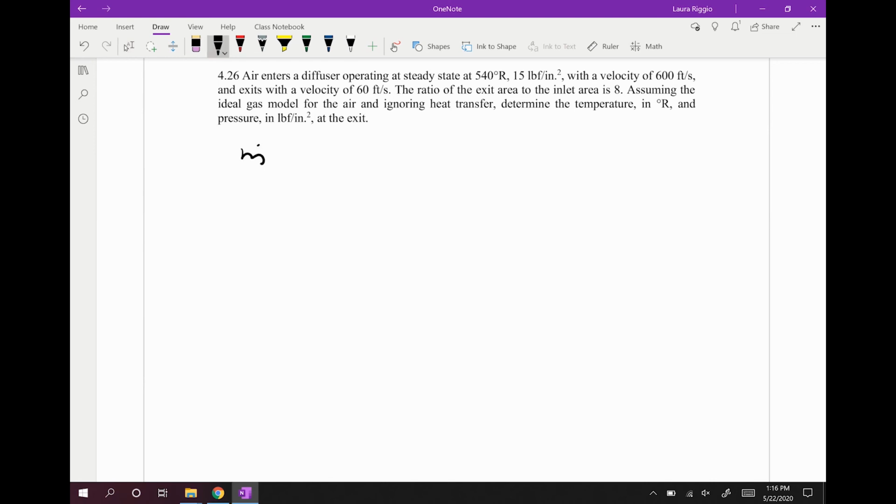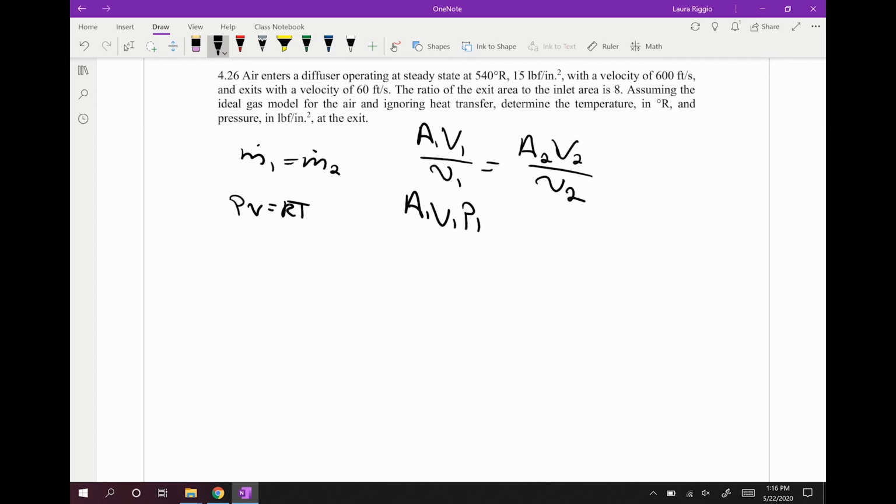Since this is one inlet and one outlet, we know that m dot 1 is equal to m dot 2. And if we employ the ideal gas law, that tells us that A1 V1 over the specific volume 1 is equal to A2 V2 over the specific volume 2. Employing the ideal gas law, PV equals RT, we get that A1 V1 P1 over R T1 is equal to A2 V2 P2 over R T2.